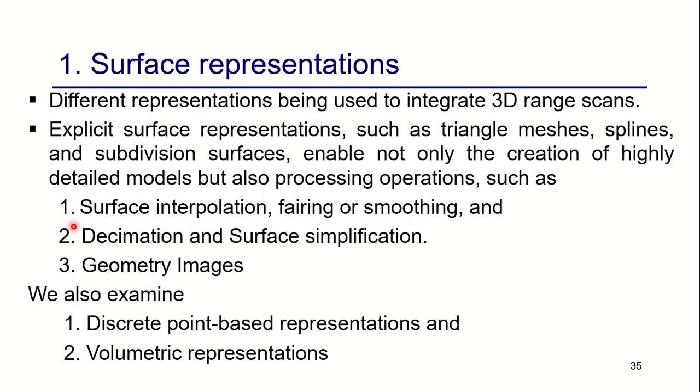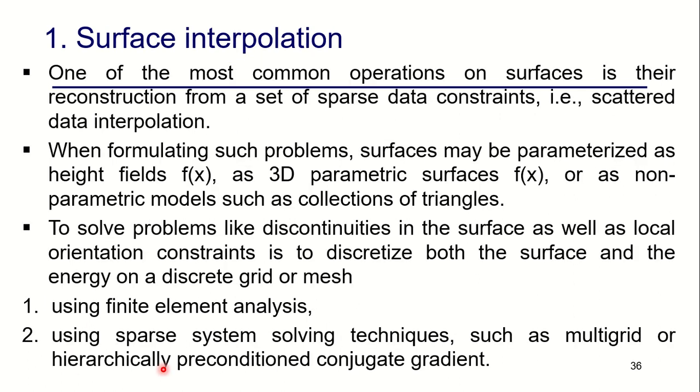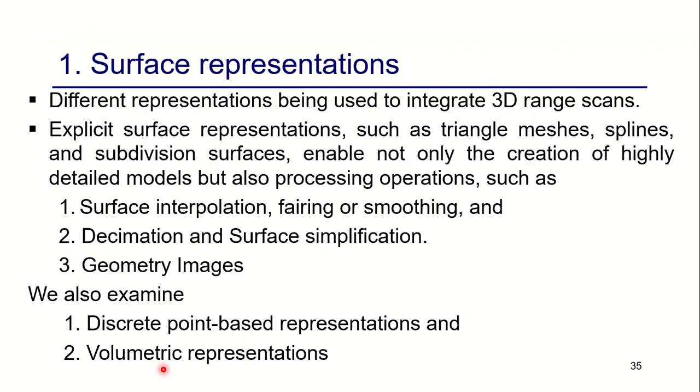The processing operations are surface interpolation, fairing or smoothing, decimation and surface simplification, and then geometric images. We also examine the discrete point-based representation and volumetric representations. So we can see one by one the processing operations which we use for surface representation.